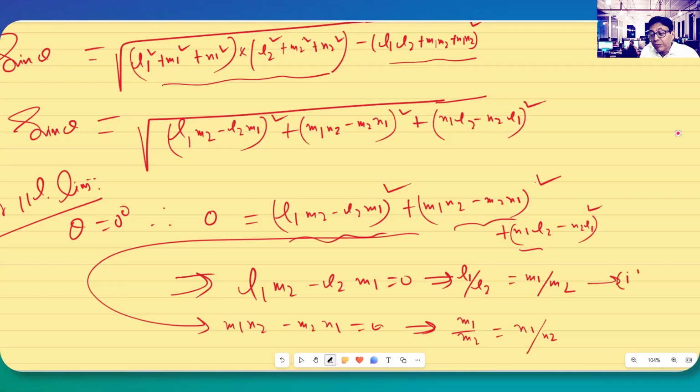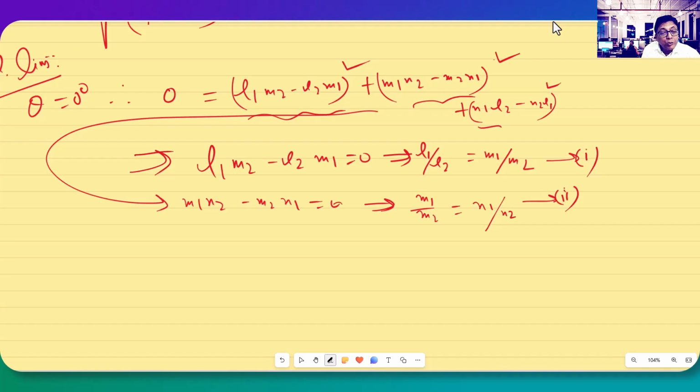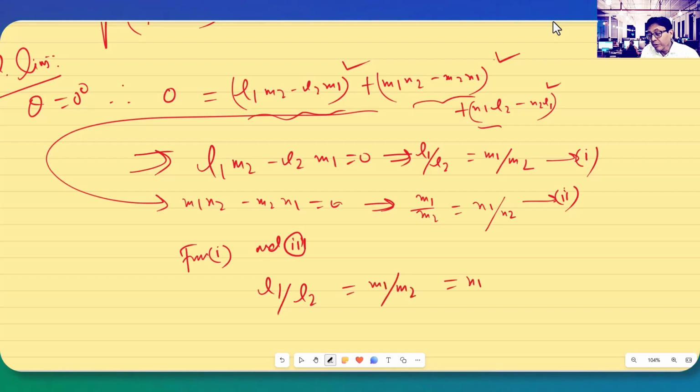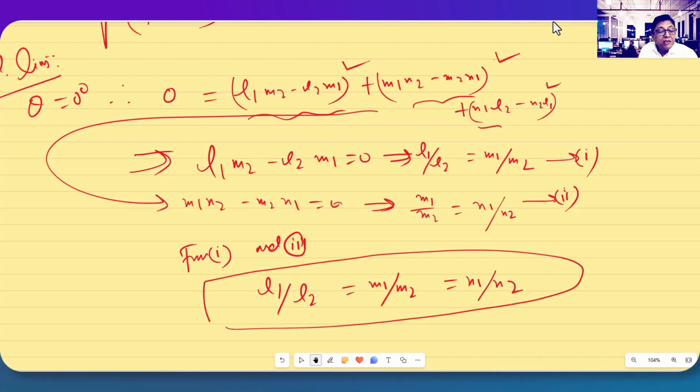So this is your number 1, number 2. Now from 1 and 2 we get L1 by L2 equal to M1 by M2 equal to N1 by N2. This is the condition for parallelism of two lines.